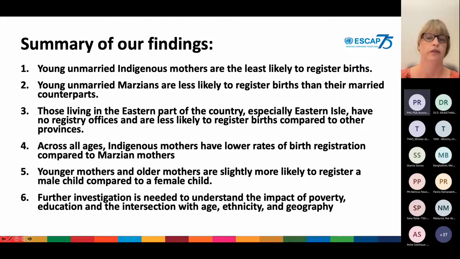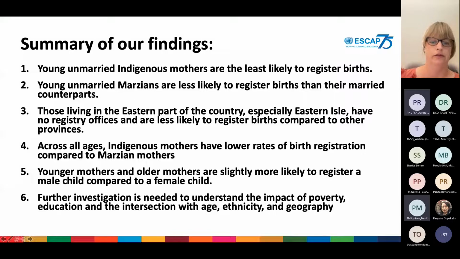So similar to the death registration, looking at our findings, we'll just do a summary of what we've seen so far. So young unmarried Indigenous mothers are the least likely to register their births. We saw only 50% registration among young unmarried Indigenous mothers. Young unmarried Marzians are less likely to register births than their married counterparts. Those living in the eastern part of the country, especially the Eastern Isle, have no registry offices and are less likely to register births compared to other provinces.